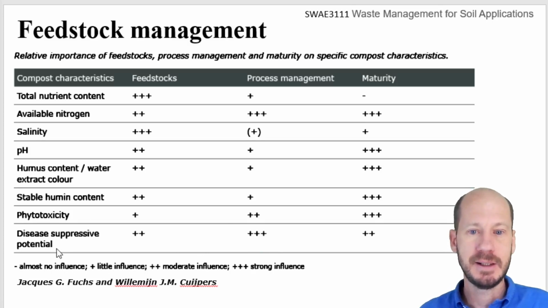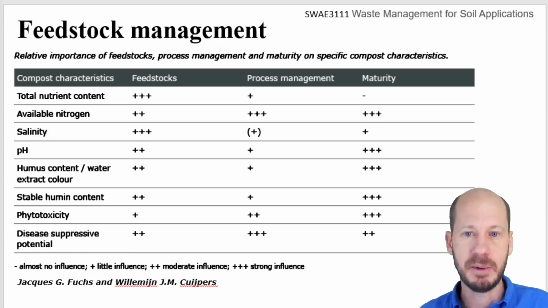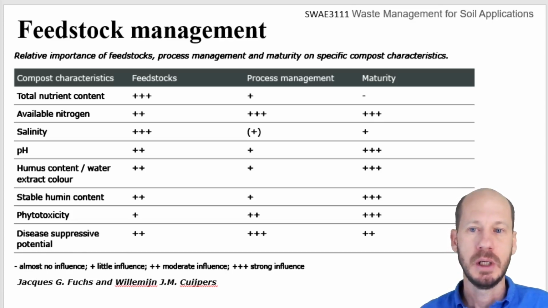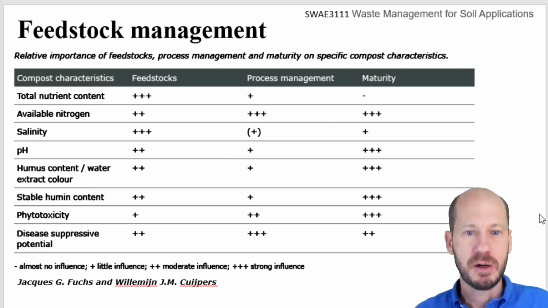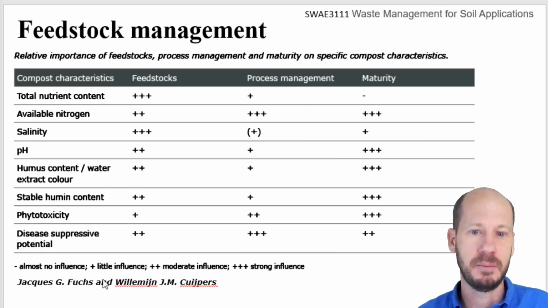The disease suppressive potential is affected by the type of feedstock that you use. Anyway, you can read this table by yourself, and you can see how feedstock affects and which things are more important: the feedstock material, the process management, or the maturity, with regards to different characteristics of the compost.